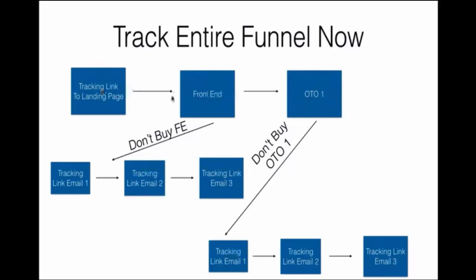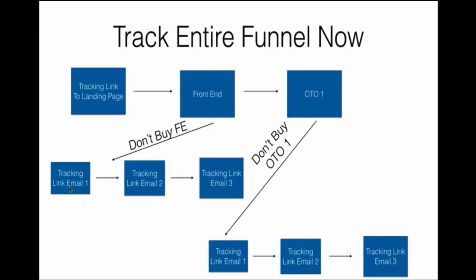So ClickMagick will then keep track of your stats for your front end and your OTO, and it will also still track your email follow-up series, whether it's the email follow-up series that points back to the front end, or if you have a separate email follow-up series for people who purchased the front end but didn't buy the OTO, and you put them on a different list and follow up with them to bring them back to OTO1, you can even have tracking links for this too, and ClickMagick will track all of this.